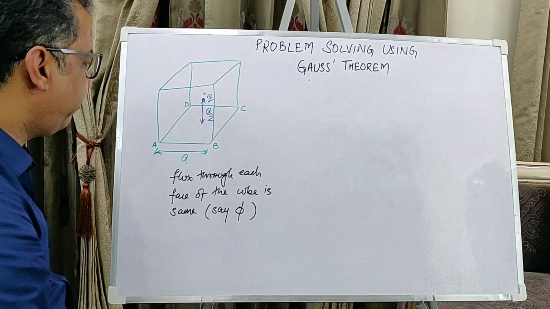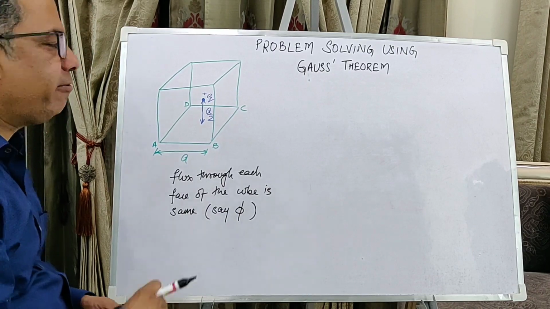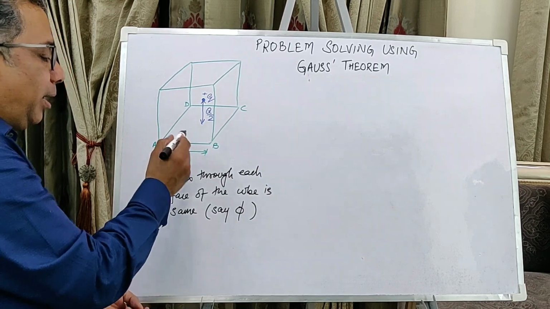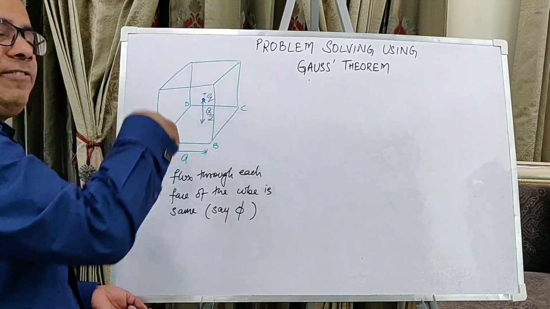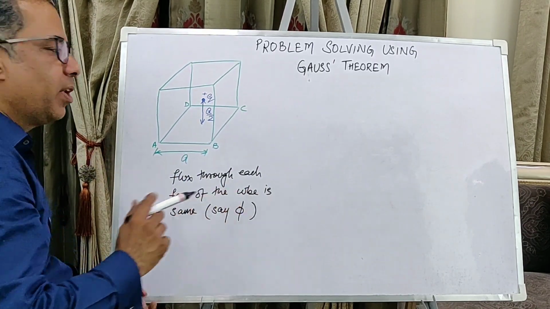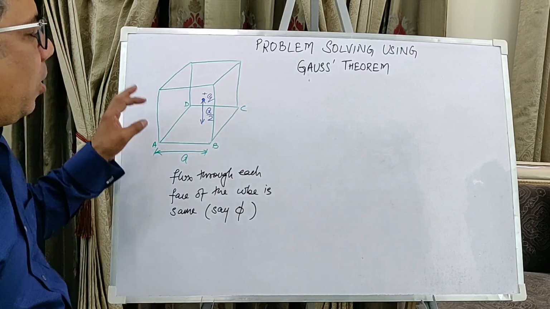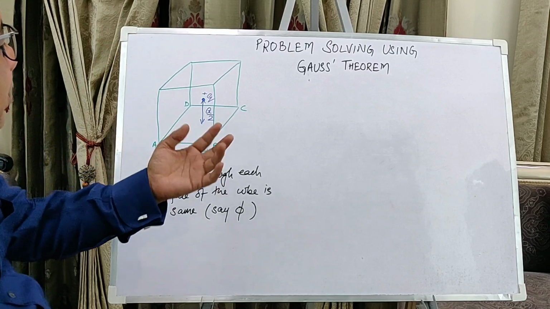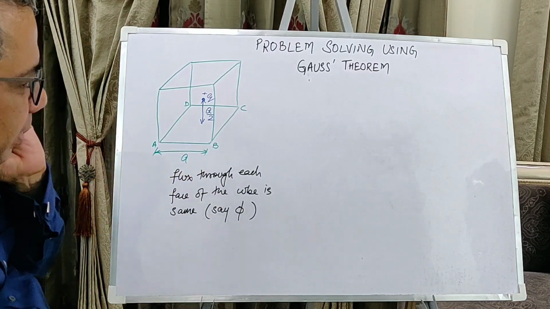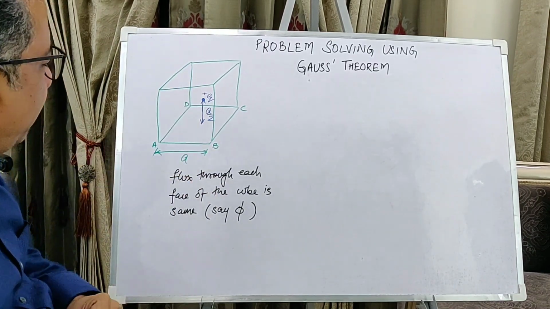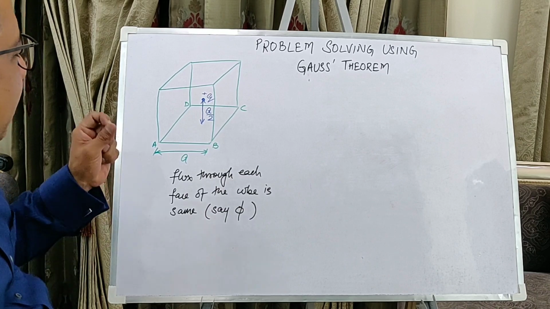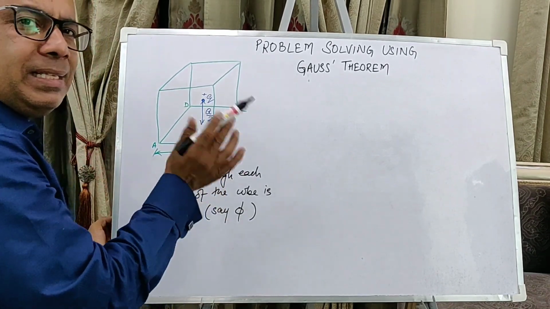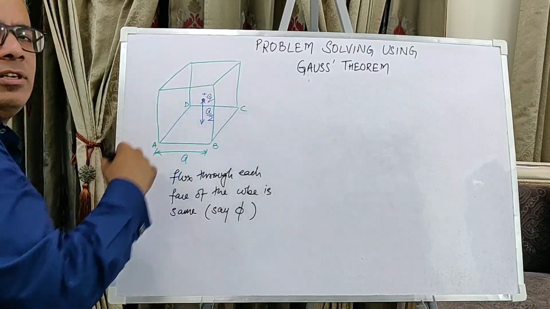So phi is the flux through any one face of this cube, and the flux through all the other faces therefore is also phi. Now we have constructed a complete cube out of these 6 different sheets of square shape, and the charge Q is at the geometric center inside this closed surface.